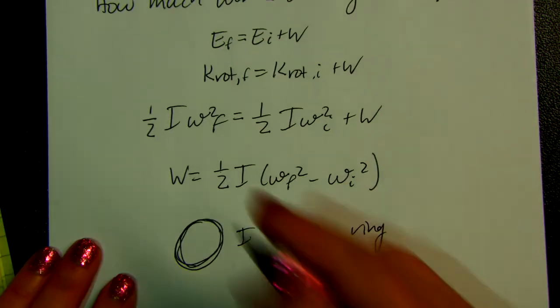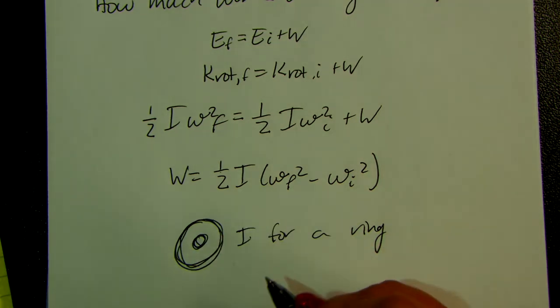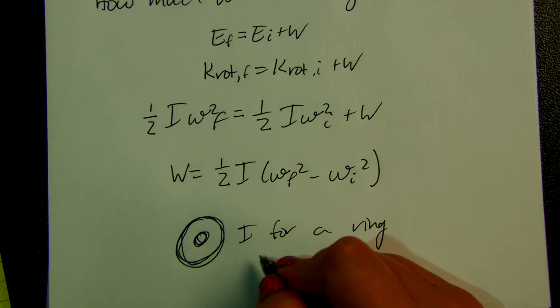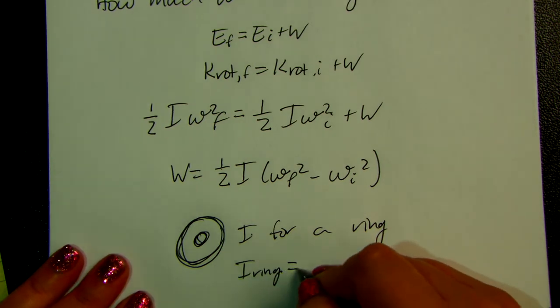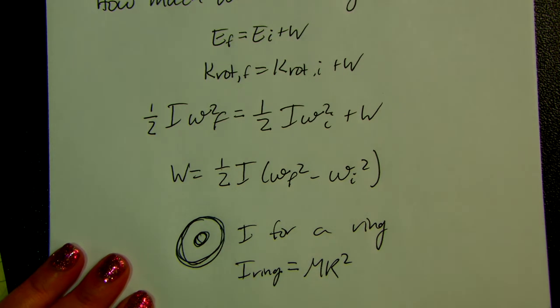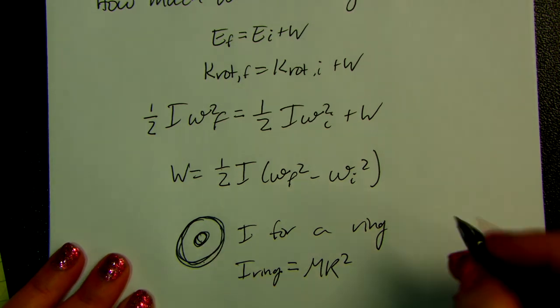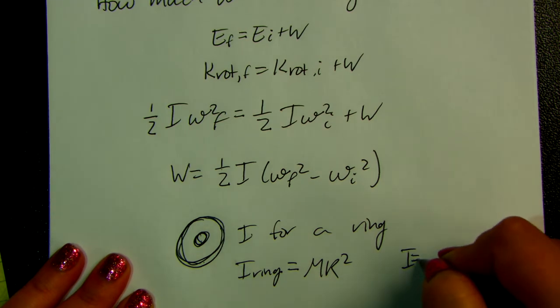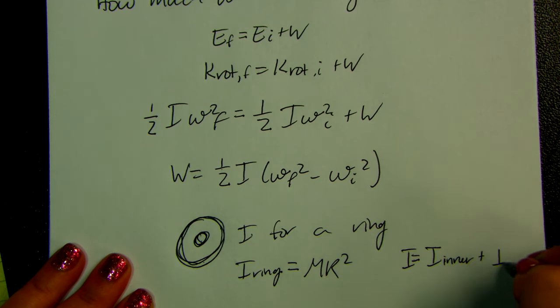So we've got a ring and then we have another ring inside, and we know that I ring is equal to mr squared. We also know that we've got two objects here, so the moment of inertia is going to be equal to the moment of inertia of the inner wheel plus the moment of inertia of the outer wheel.